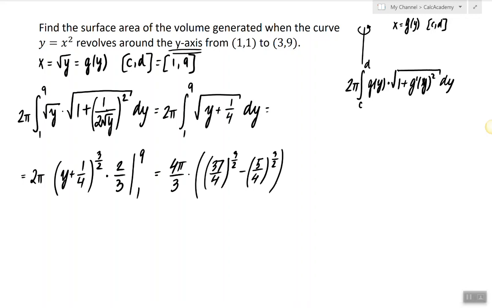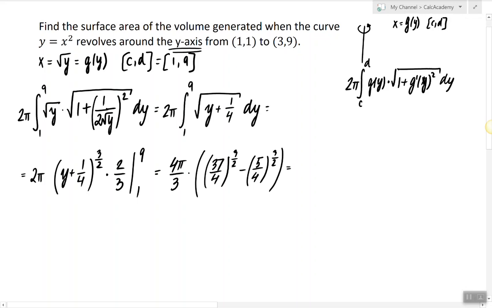Now this expression can be simplified just a little bit, so we can apply the power 3/2 to the denominator 4, which will become 8. So reducing that 8 with the 4 in the numerator gives us pi over 6, and here we have 37 to the power 3/2 minus 5 to the power 3/2, and this is the final answer for the surface area of the solid of revolution.